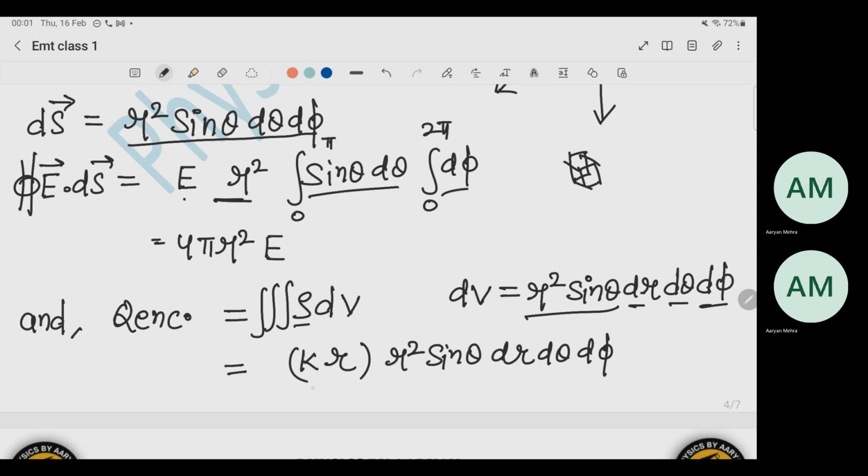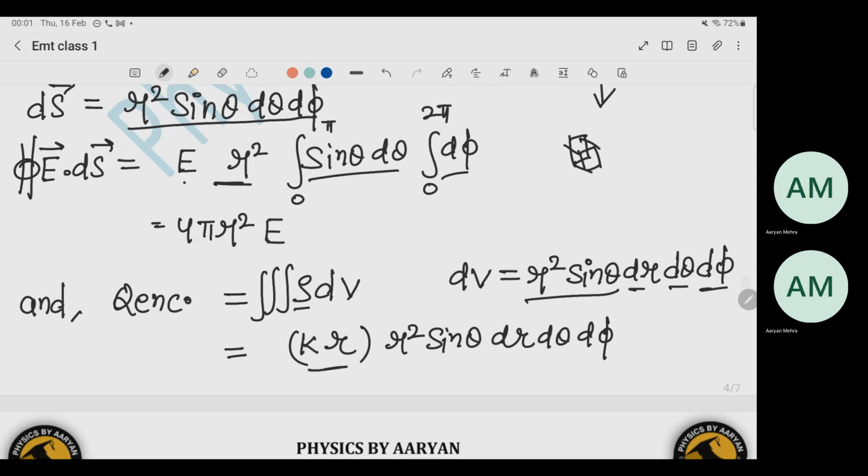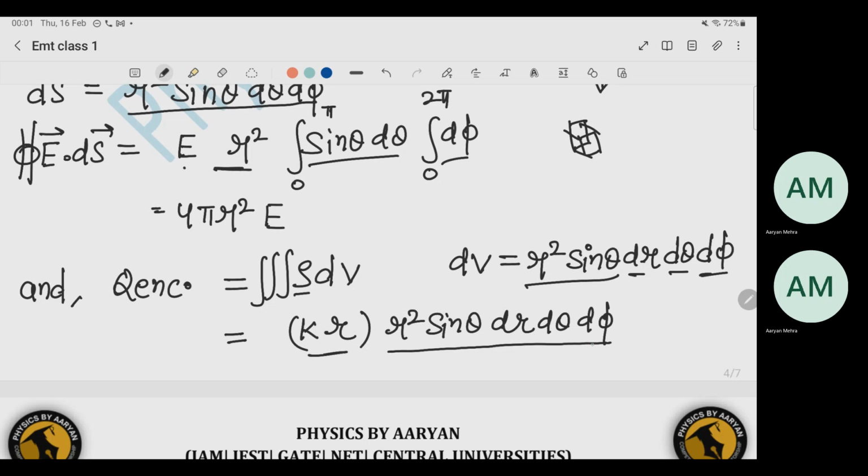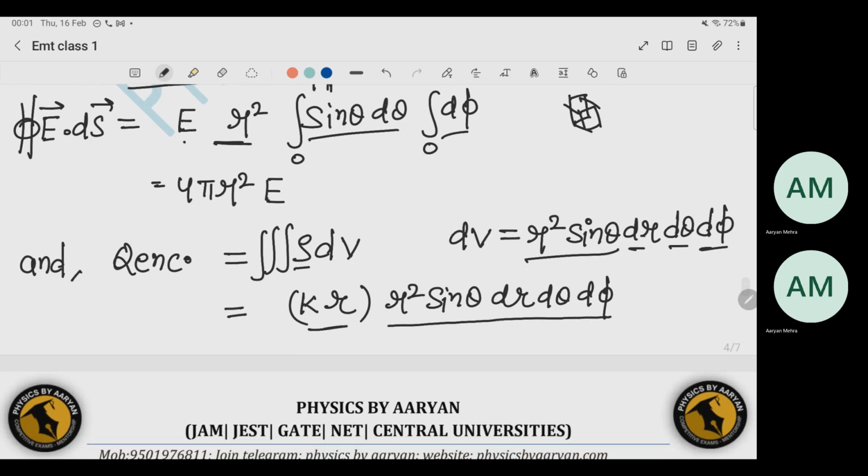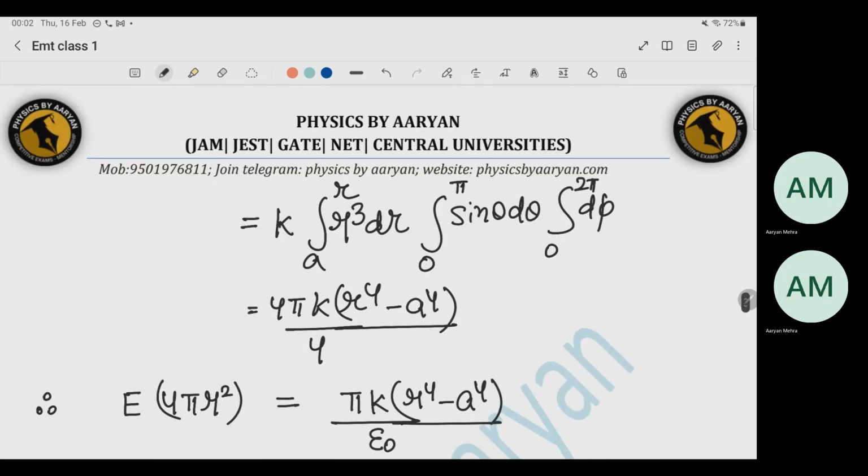The rho value is kr, and the dV value is r square sine theta dr d theta d phi. Now let's see how it comes out. This comes out as r cube dr sine theta d phi.